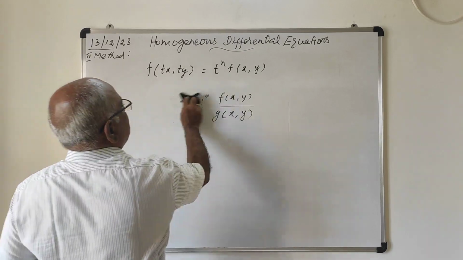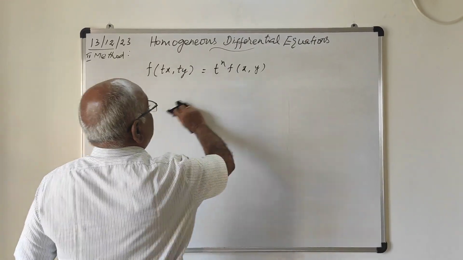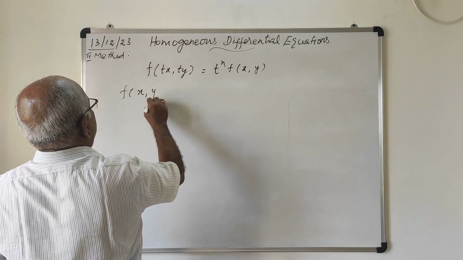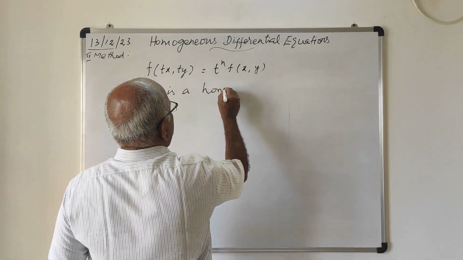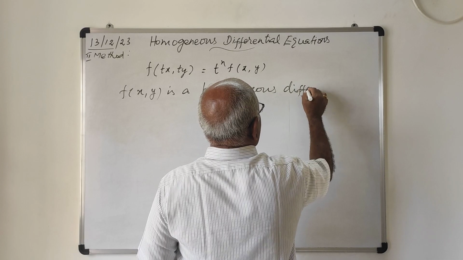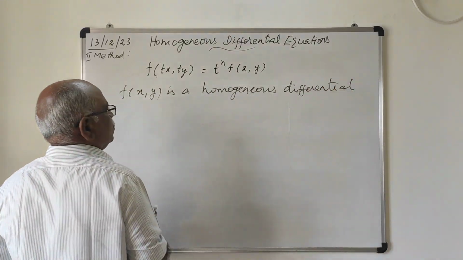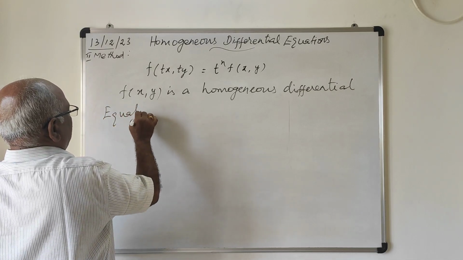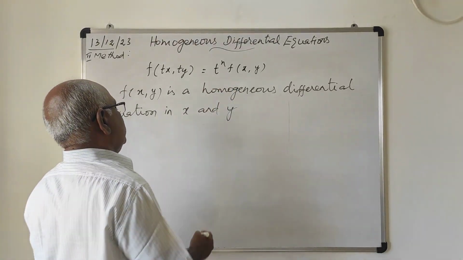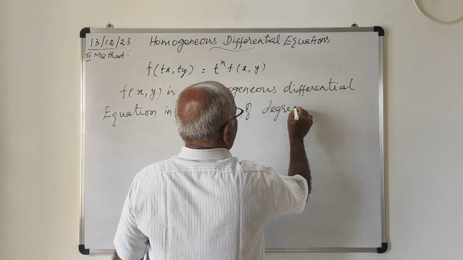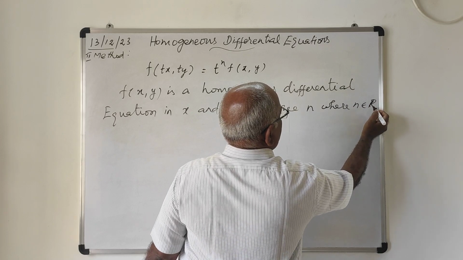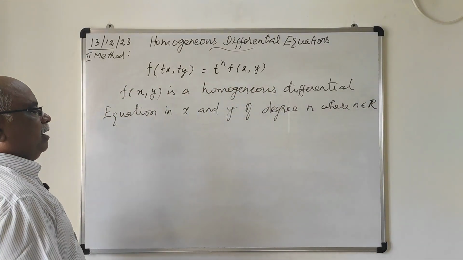It can be expressed as t power n into f of x, y, where t is a constant. f of x, y is a homogeneous differential equation in variables x and y of degree n, where n is any real number, n belongs to the set of real numbers.